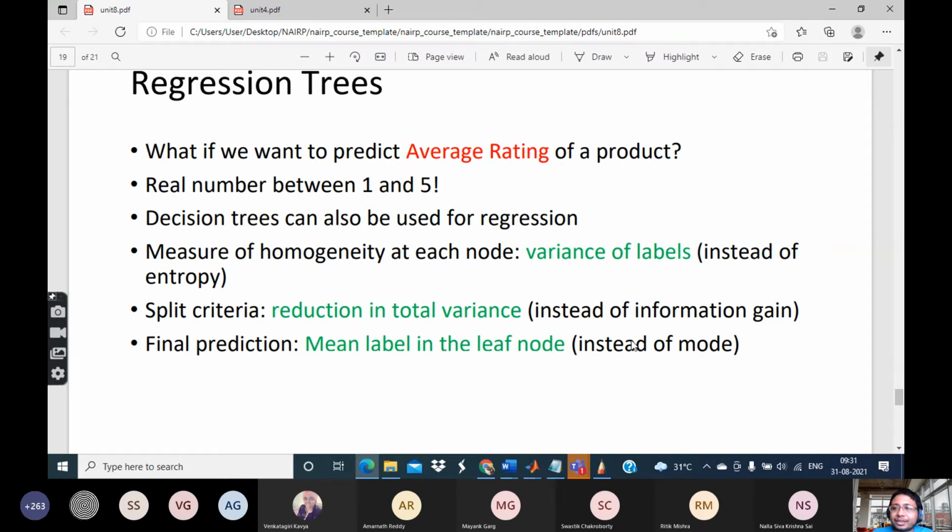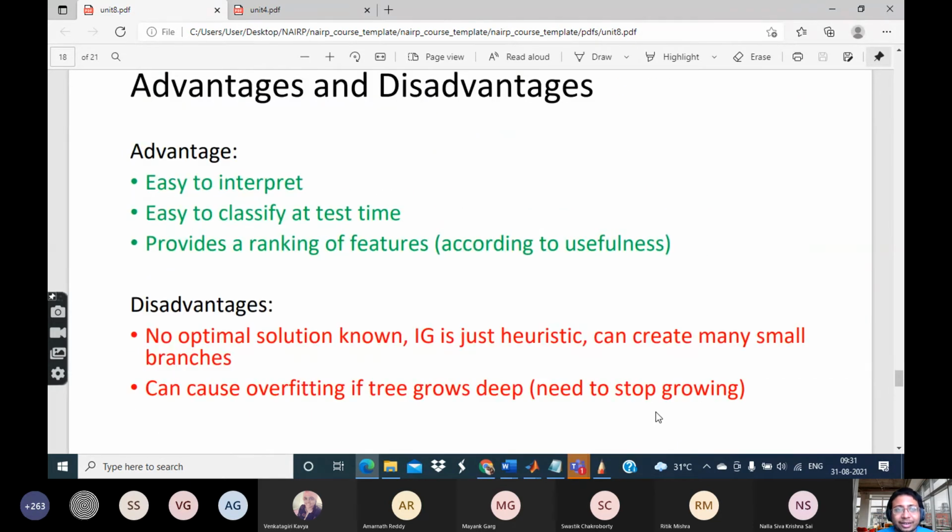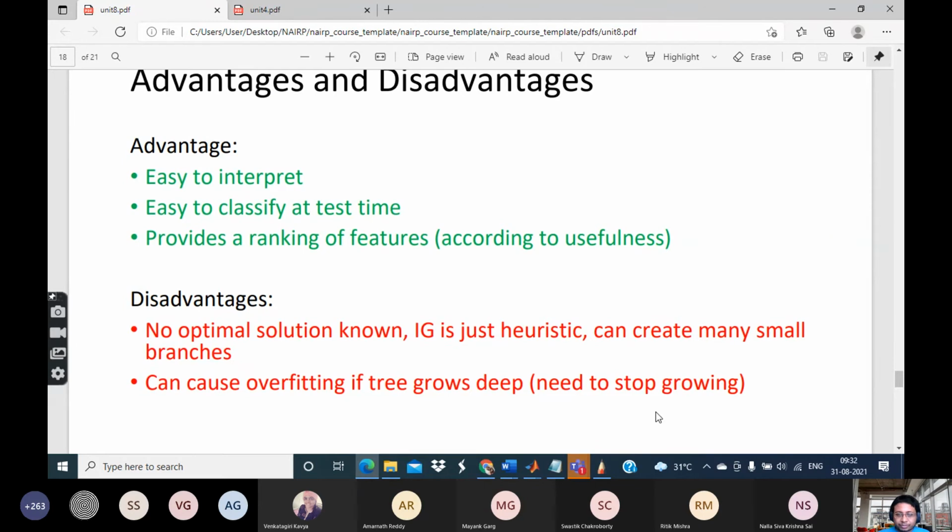In case of classification, the label space is discrete. It may be binary or it may not be binary. So the cat dog classification problem is a binary classification problem because the label space has only two values, cat, dog. In the case of rating prediction, the label space has 5 values. That is 1 star, 2 star, 3 star, 4 star, and 5 star.